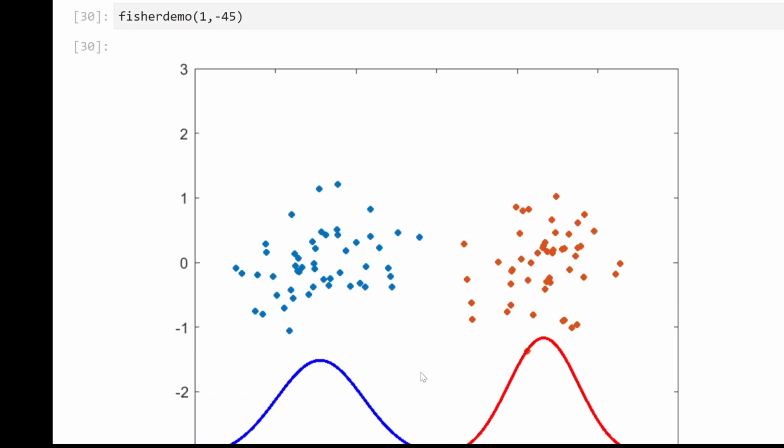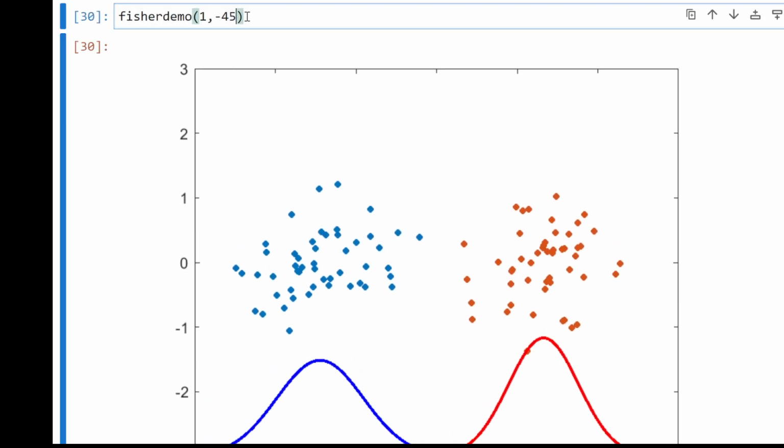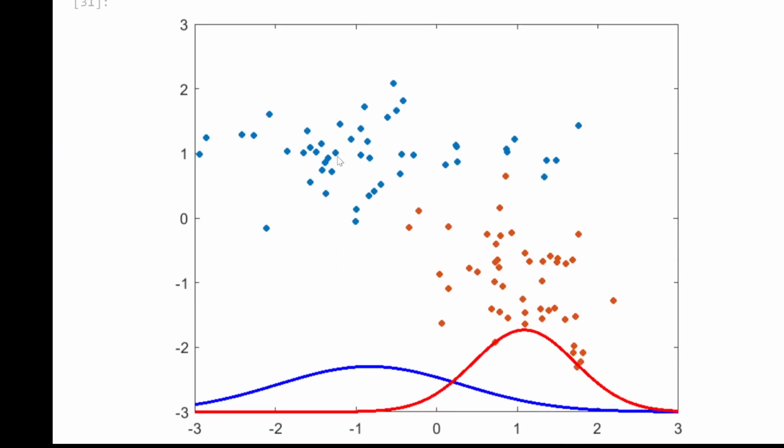Now, life is not always so great when you have data that is not ideally separable, right? So here's another example where, again, red points and blue points, if I push them down, I see this. Well, I can rotate this around all I like.